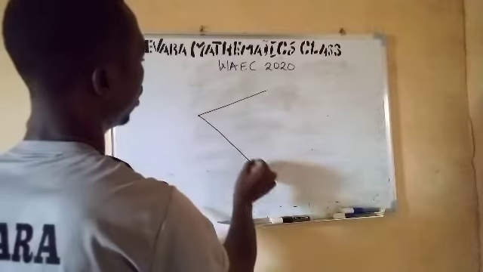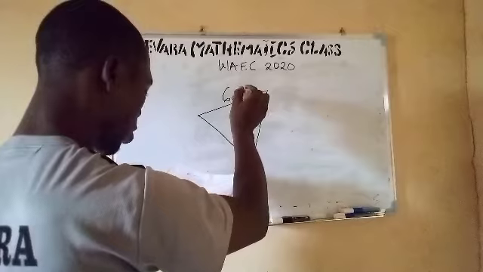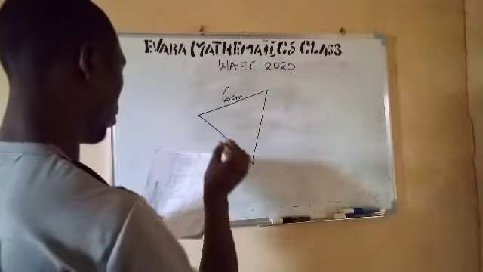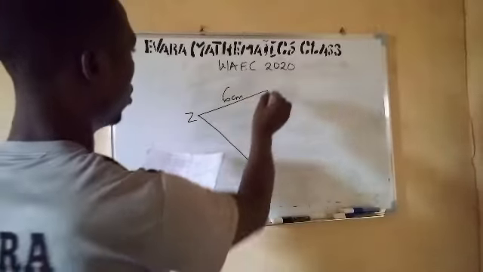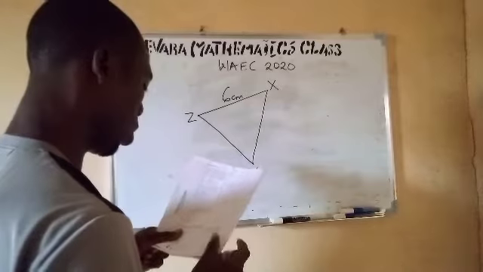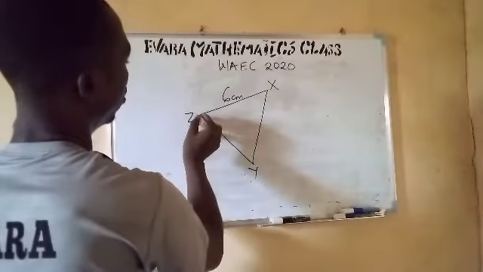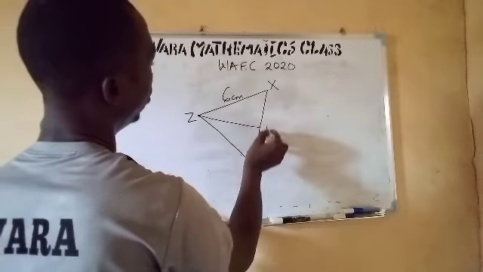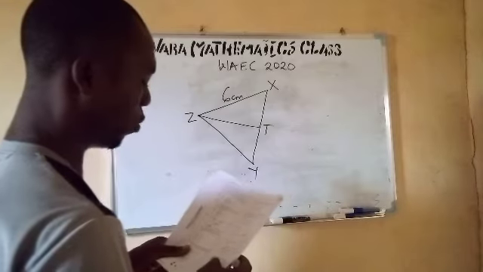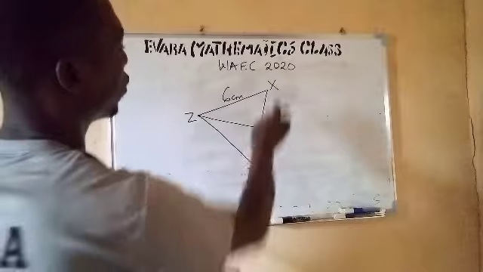XYZ is an equilateral triangle of side 6 centimeter, and T is the midpoint of XY.